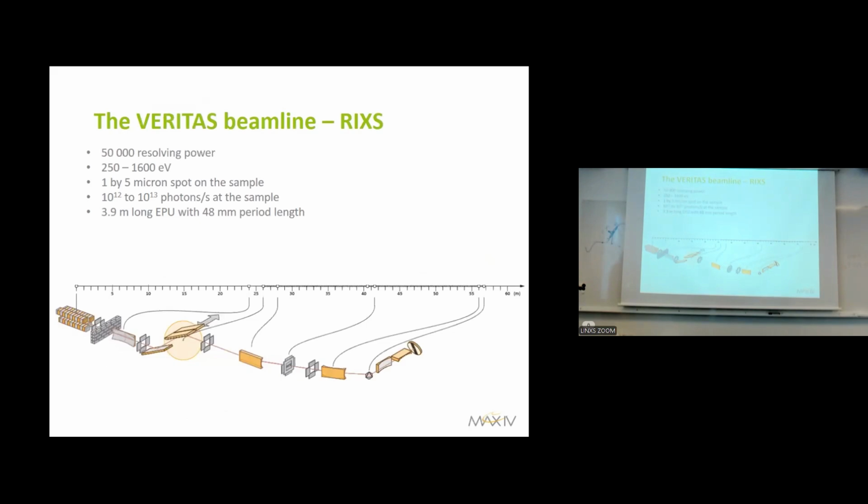So the VERITAS beamline, what we've shown you. The beamline itself is designed for 50,000 resolving power. Unfortunately, we also wanted to go outside of the building, but budget forbade it, so we couldn't do it. So our beamline is about 55 meters long. It's the longest soft X-ray beamline you can find at MAX IV, but the other beamlines are about 90 meters or so.